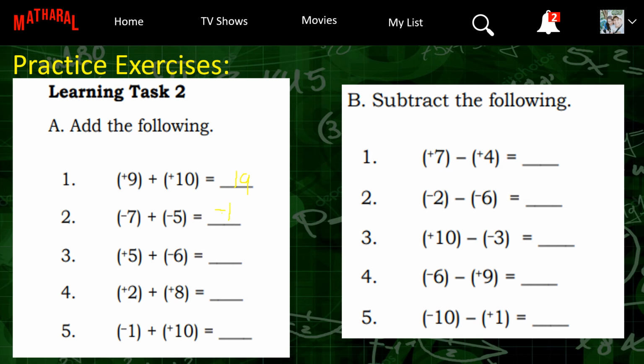Paano daw po kaya nakuha iyon? They are the same sign under addition. So, ganun lang po nangyari. Pareho po nito. Negative 5 plus negative 1 is negative 6. So, yun po yung ginawa natin. 2 or positive 2 plus positive 8 is 10. So, applying the rules of adding integers. Negative 1 plus 10. That is positive 9. So, yun po.